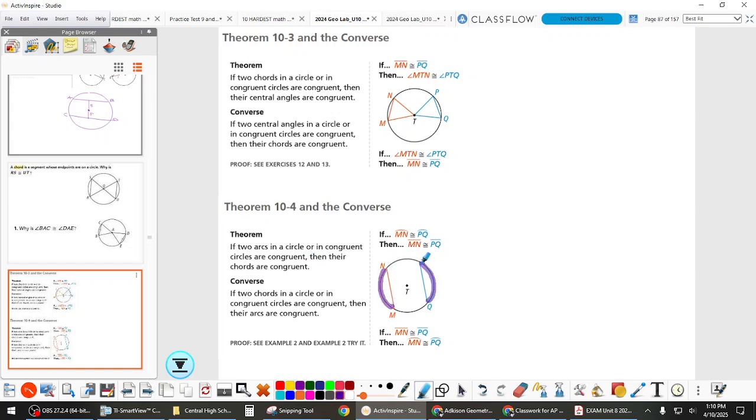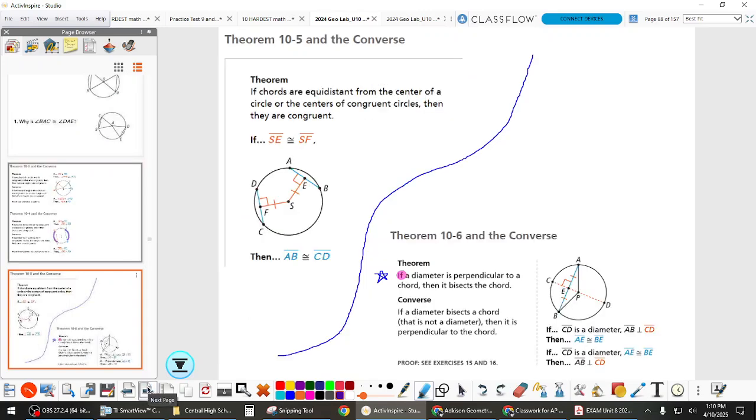Doesn't it make sense that a congruent arc should have the same cutoff points that make the chord, right? Okay. Here's a couple more. This is what I was just saying. Chords that are equidistant, meaning the same distance from center, then they are congruent.